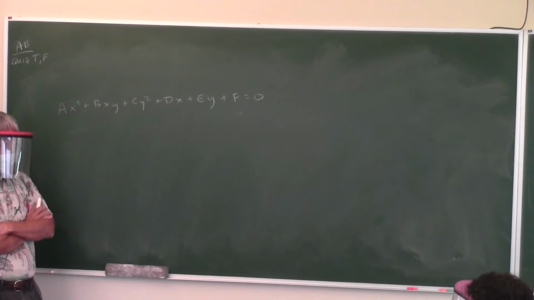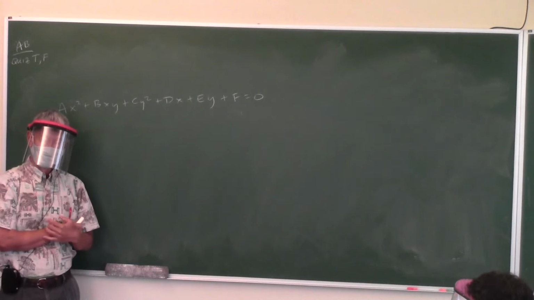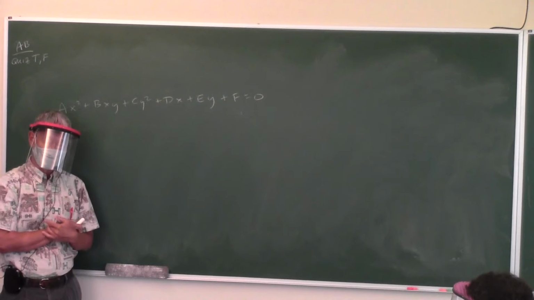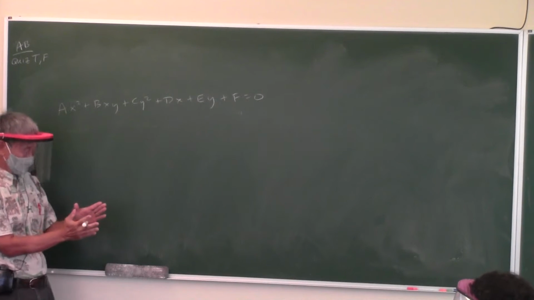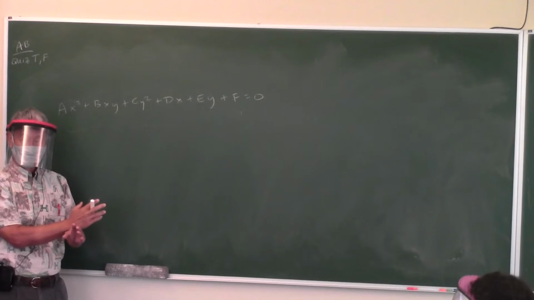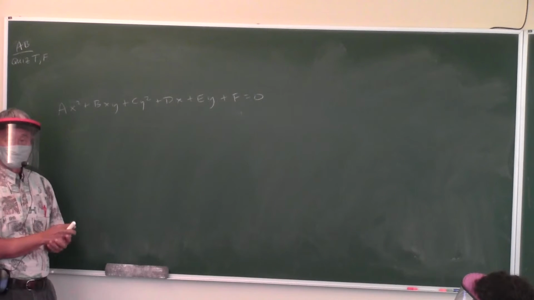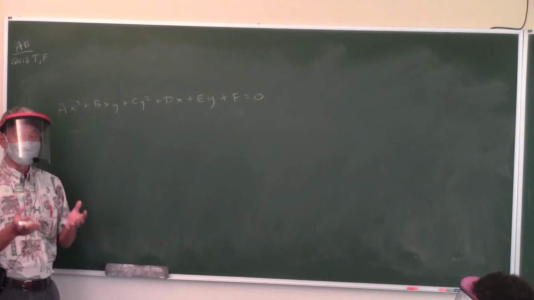Well, it could be an ellipse, but it could be a hyperbola. It could be a parabola. It could be two parallel lines. It could be two intersecting lines. So what is it? It's a conic section.